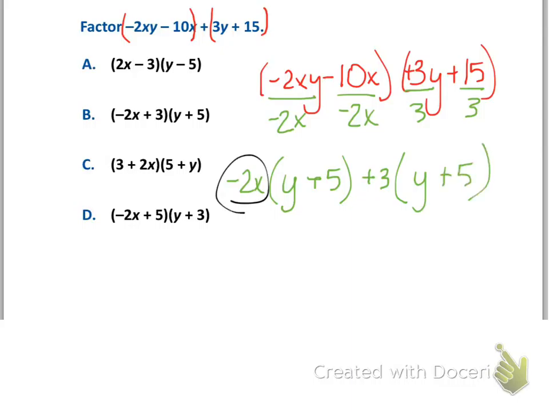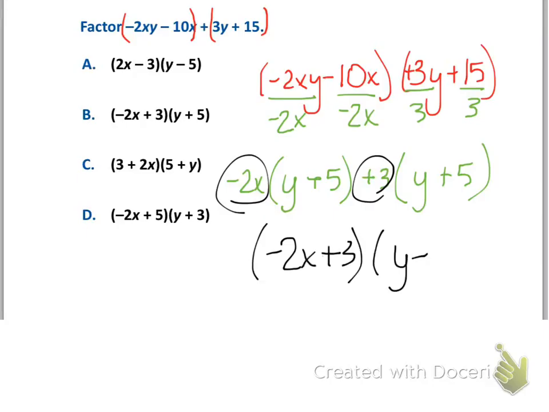Remember, we're going to smash together the two greatest common factors. And y plus 5. All right, so final answer would be B.